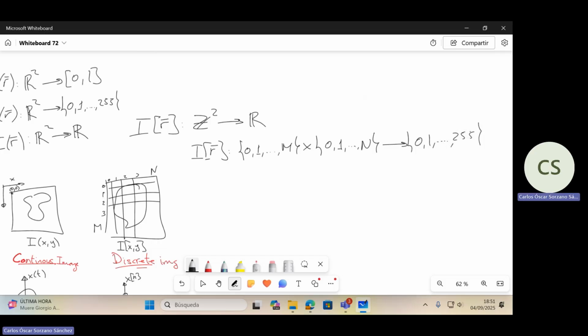But this is too cumbersome to write, and very often you say I'm going from discrete numbers to real numbers. Depending on the context, it may be clear. But if you want to be precise, you would have to write it in this way.